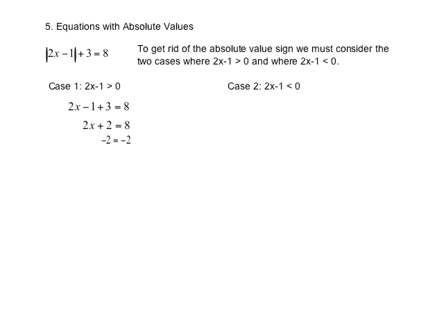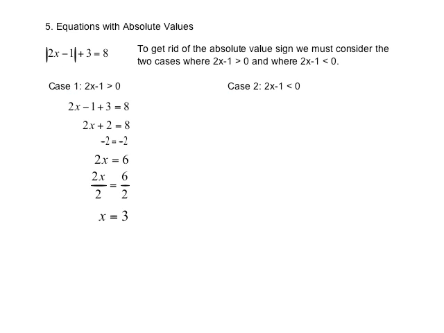Then subtract 2 from both sides. So now we get 2x equals 6. And then to get the x by itself, we divide both sides by 2. x equals 3. So x equals 3 is one of the solutions.